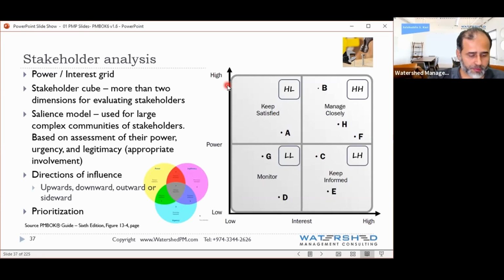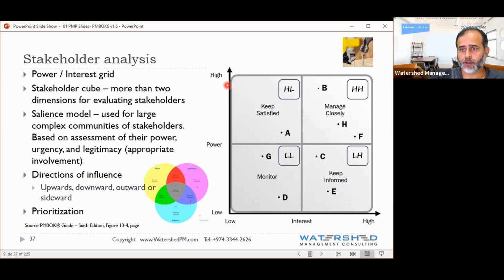All right. So before the break, we went through the process, and now we'll talk about stakeholder analysis, which obviously is going to happen on top of identifying your stakeholders. As you identify your stakeholders, you will do your stakeholder analysis.